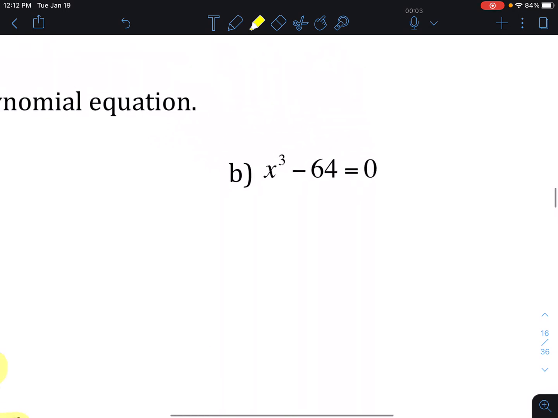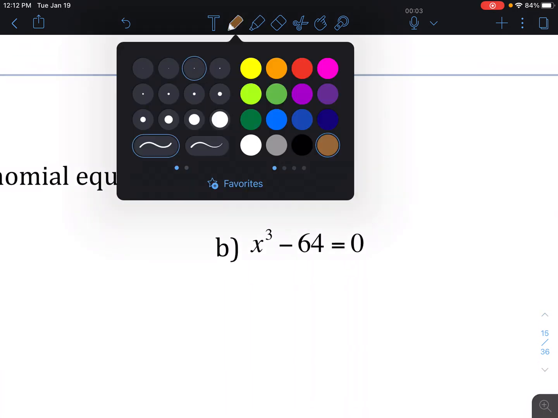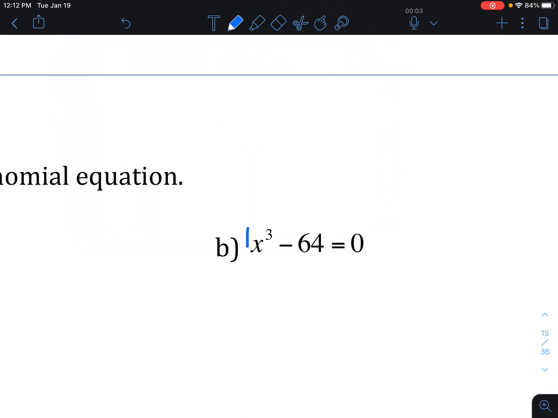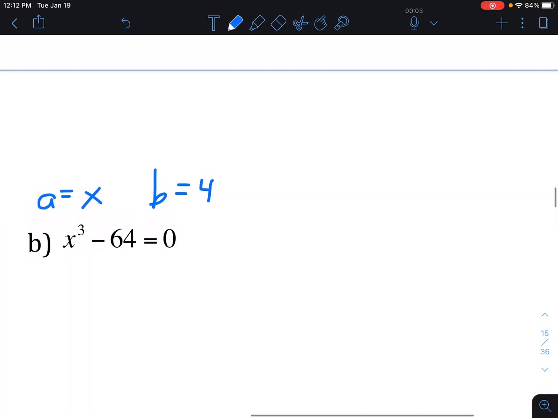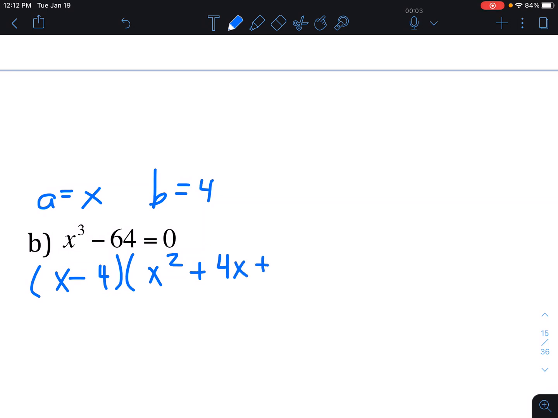Okay, letter B. So a is x, b is 4. We're going to use the difference of cubes. So a minus b, then a trinomial, a squared plus x times 4 is 4x, then plus the b squared, so 4 squared is 16.